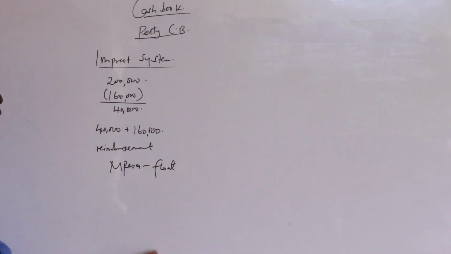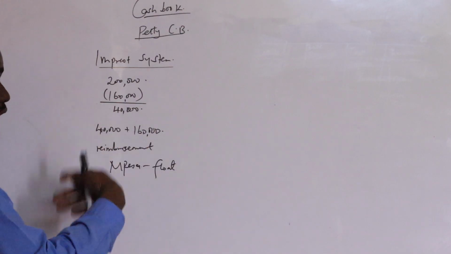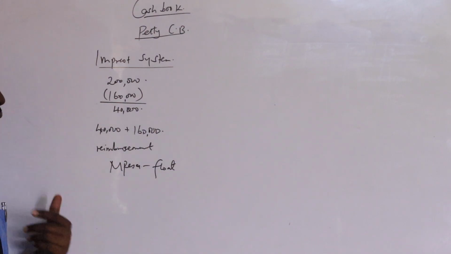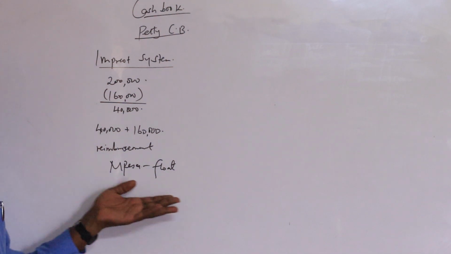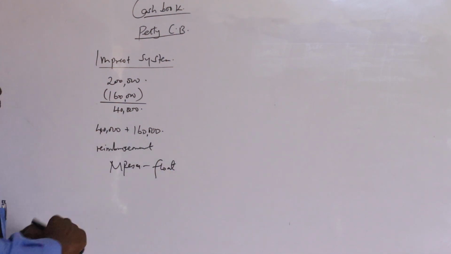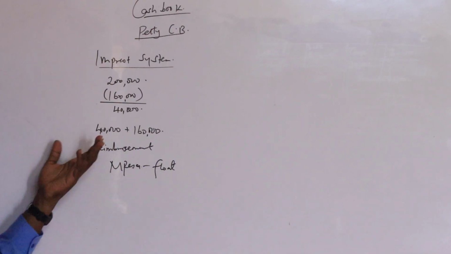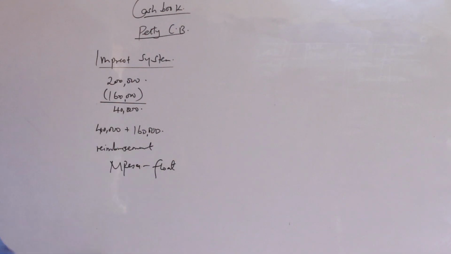And when the money goes to zero, they have to go back and refill their float or get a reimbursement. Most of them do it through banks. They get reimbursement and begin again spending that amount. So that's how the M-Pesa system was developed. It was developed on the imprest system.